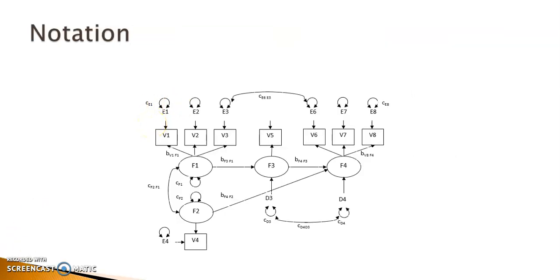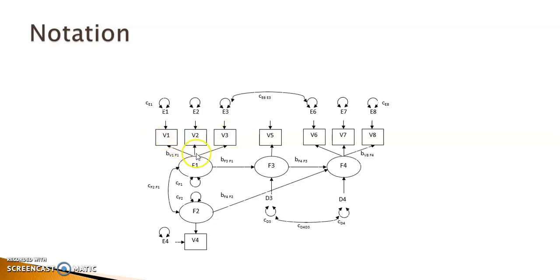With regard to the model notations in the diagram, there's no surprise. We simply combine the notations we have for CFA and path model together. So the latent factors are presented in oval shapes. Their indicators are measured variables in the rectangles.